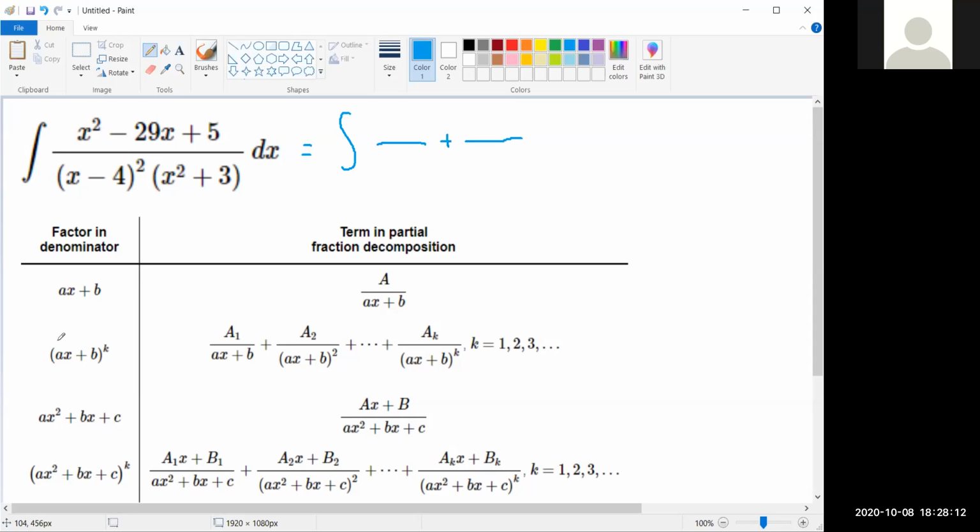We have a linear function squared, so the table says you need one term with the power of 1, so the first fraction is just x minus 4. The second fraction is the same thing, going up a power, so it's x minus 4 squared.